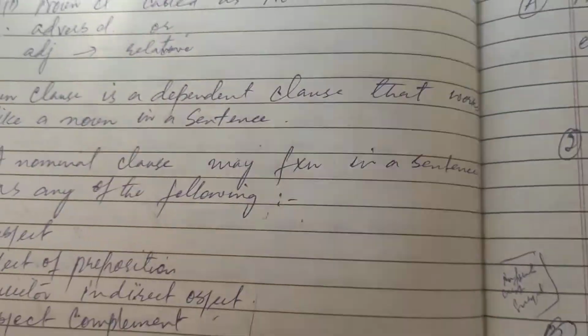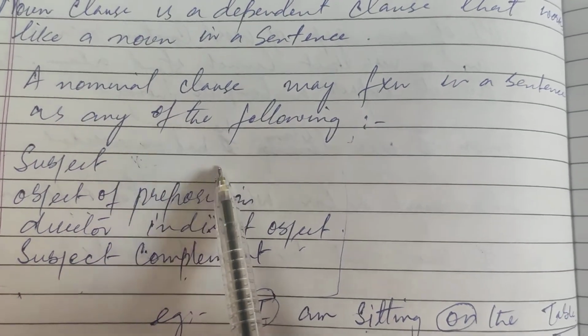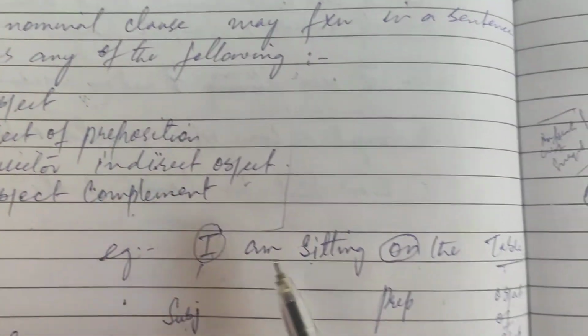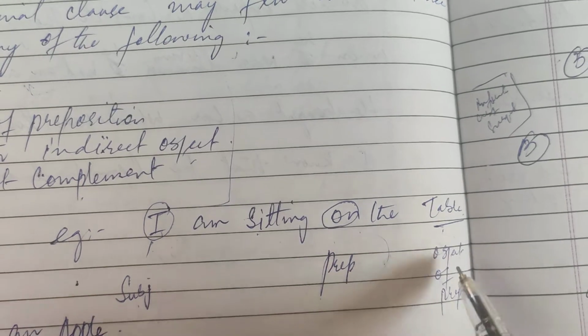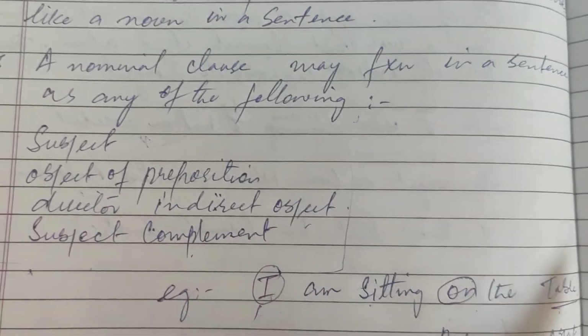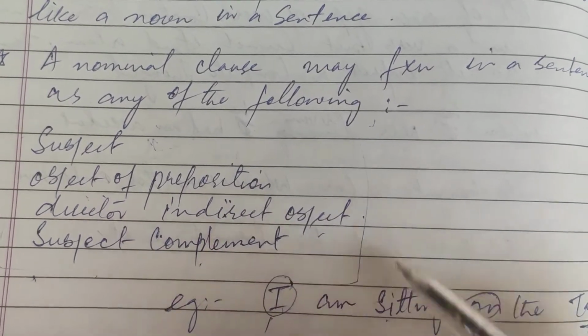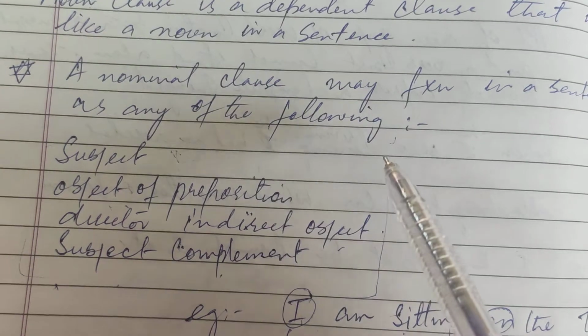First we will go through the example of how a noun clause is used as a subject in the sentence. Before this, subject complement: subject complement means it gives us more information about the subject. Now we will read these one by one.